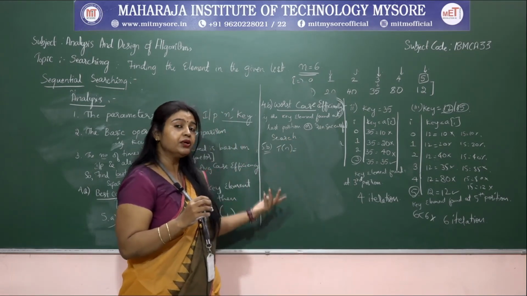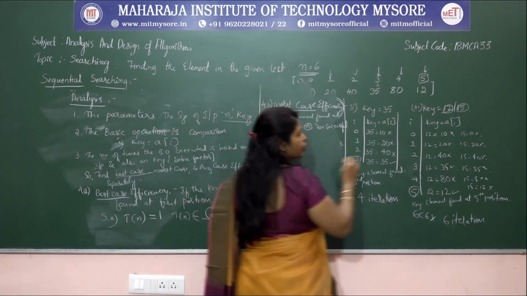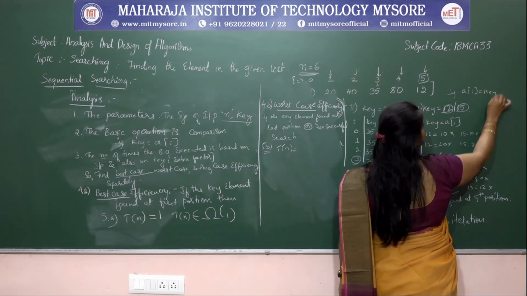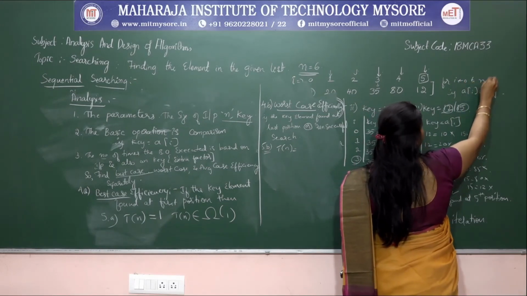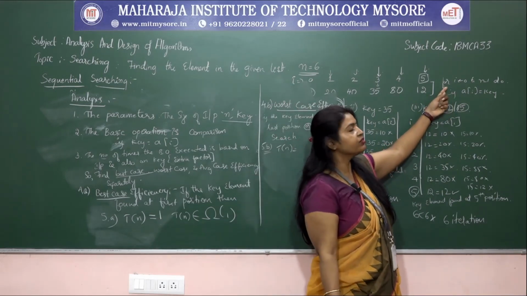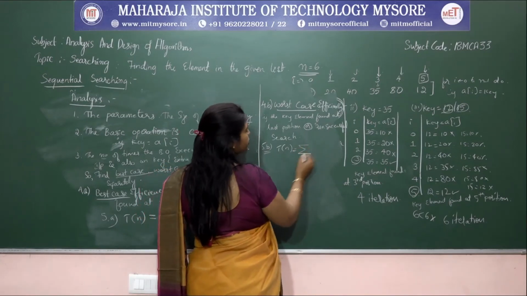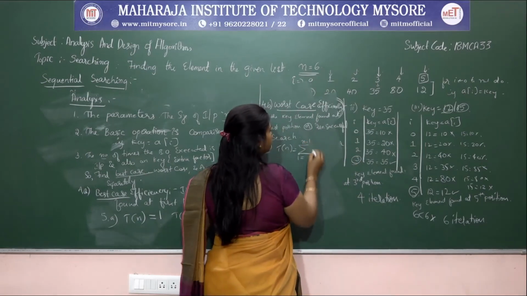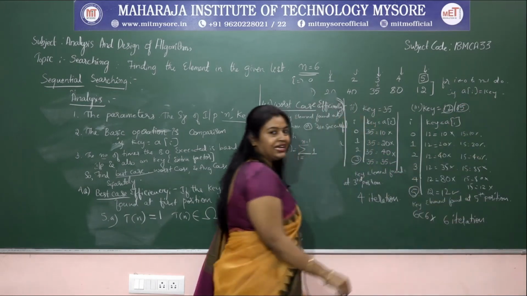T of n, now we need to set up the summation equation. In the algorithm we have if A of i is equal to key, and above that we have a for loop from 0 to n minus 1. So this is our basic operation, and on top of that we have a for loop. So we set up the summation: sum of i starting from 0 to n minus 1 of 1, since 1 unit of time is taken to compare the key element.